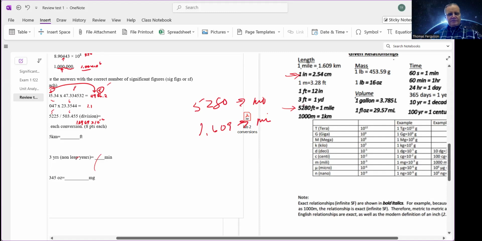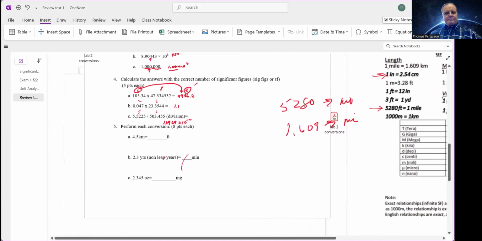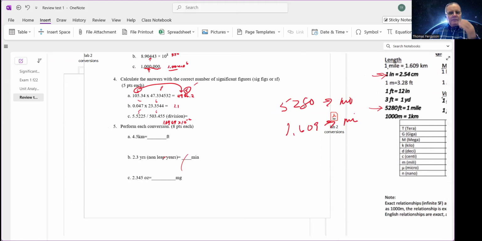It looks like two conversion factors. Okay, we need to cancel the given, which is kilometers.